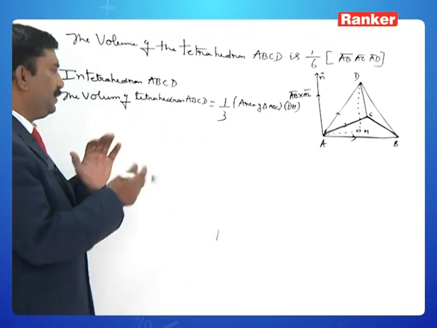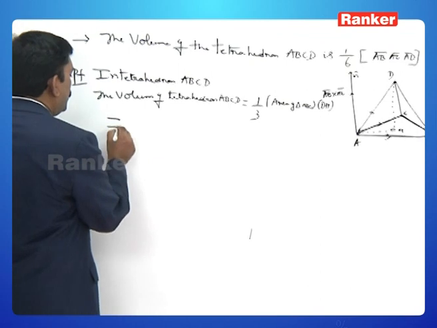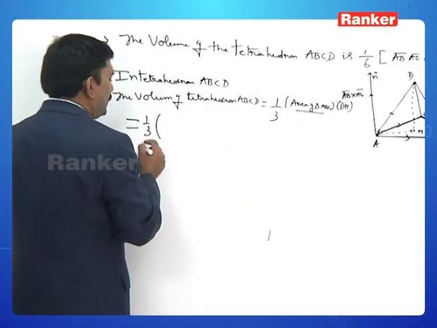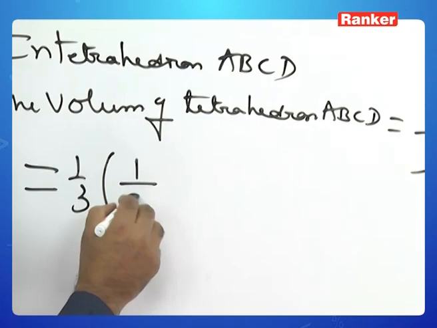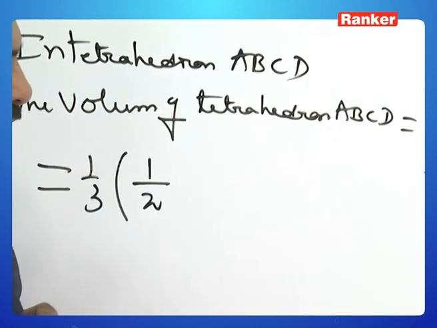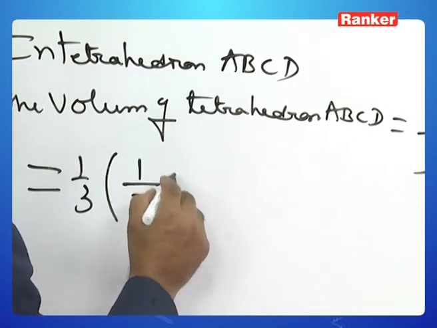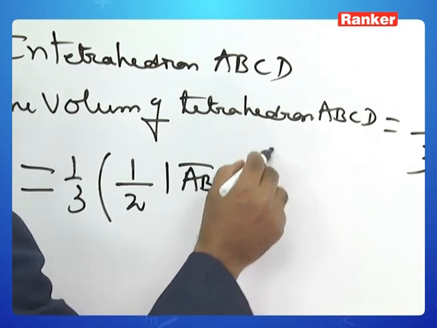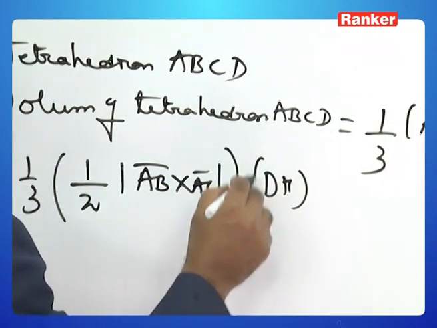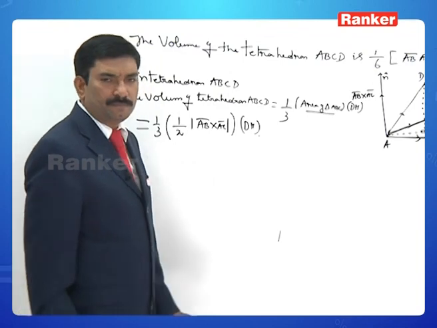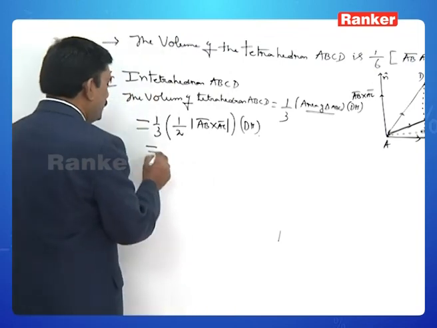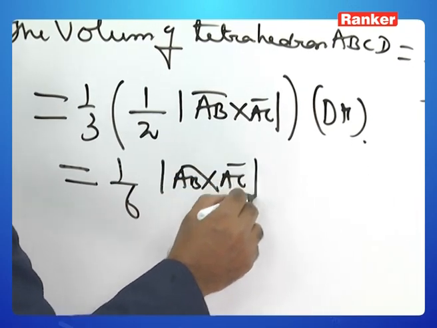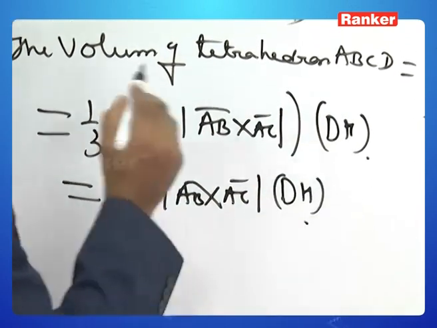What is DH? But before that, 1 by 3 into area of triangle ABC. We know that area of a triangle ABC is nothing but 1 by 2 into modulus of AB bar cross AC bar into DH. Yes, we got it as 1 by 6 into modulus of AB bar cross AC bar into DH.